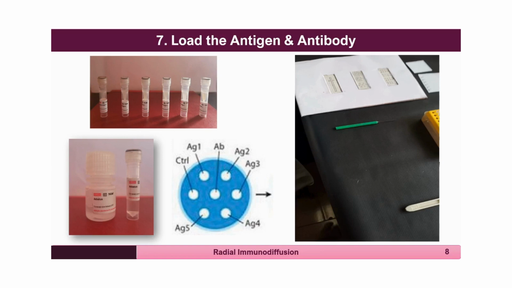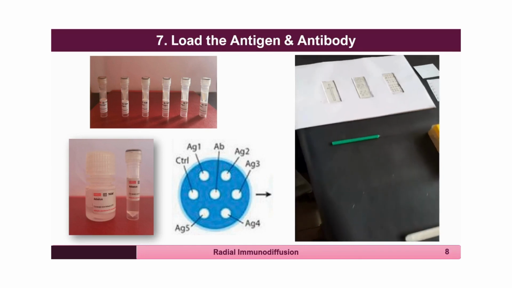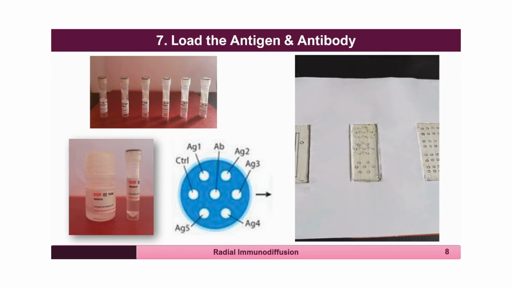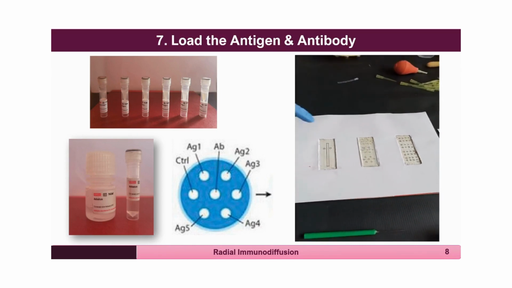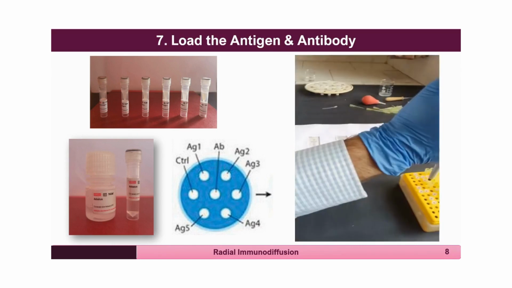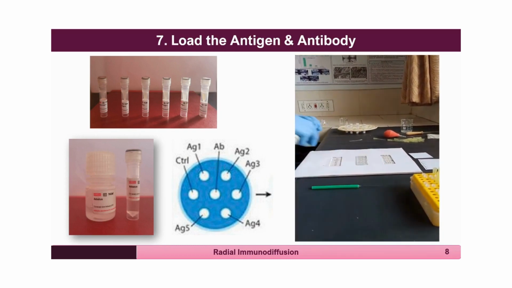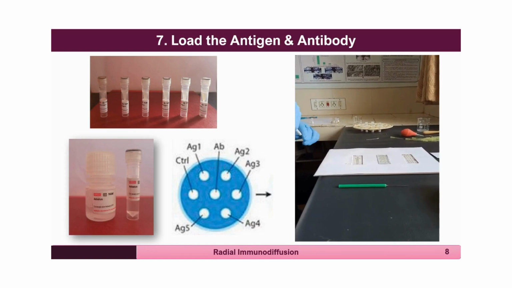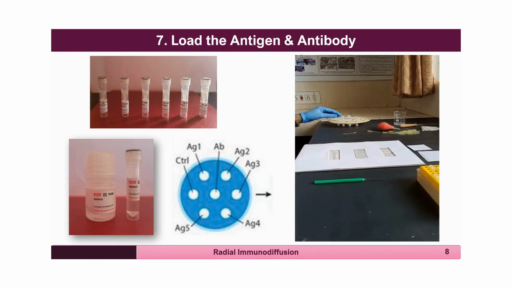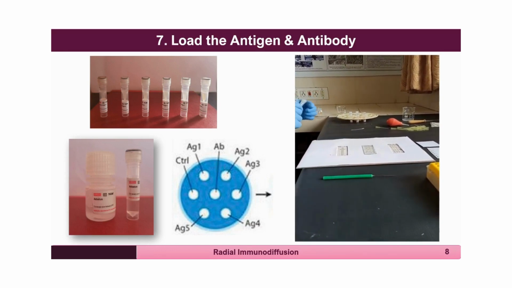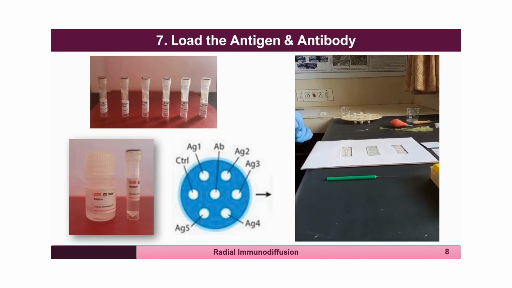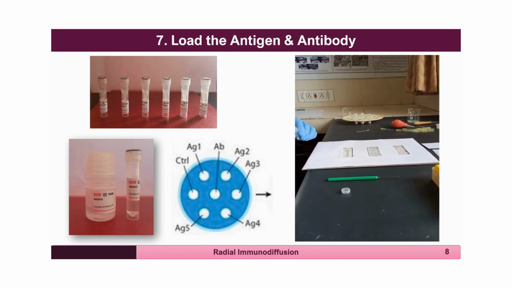As I had told you, you have the antigen and the antibody samples ready with you. Now, those antigen antibody samples have to be loaded into the well using the micropipette tip. As I had told you that 10 microliter of sample will be sufficient to be loaded in each well of about 3 millimeter depth.